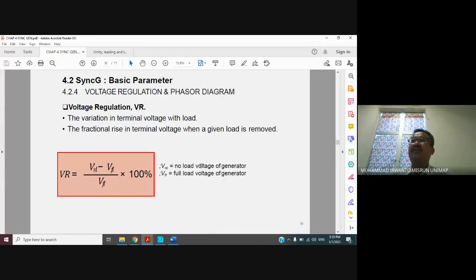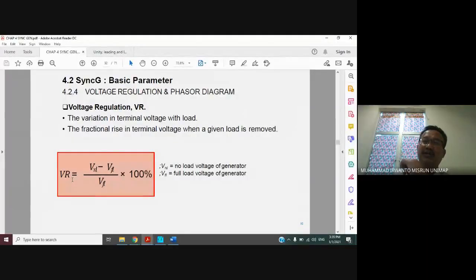Then if the synchronous generator is connected for full load, we have another voltage value, which we call the full load voltage. The voltage regulation is given by this formula: no load voltage minus full load voltage, over full load voltage, multiplied by 100. This is the voltage regulation.